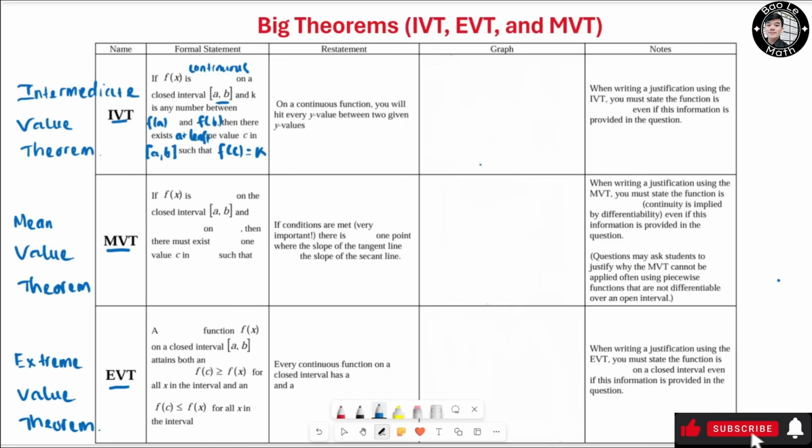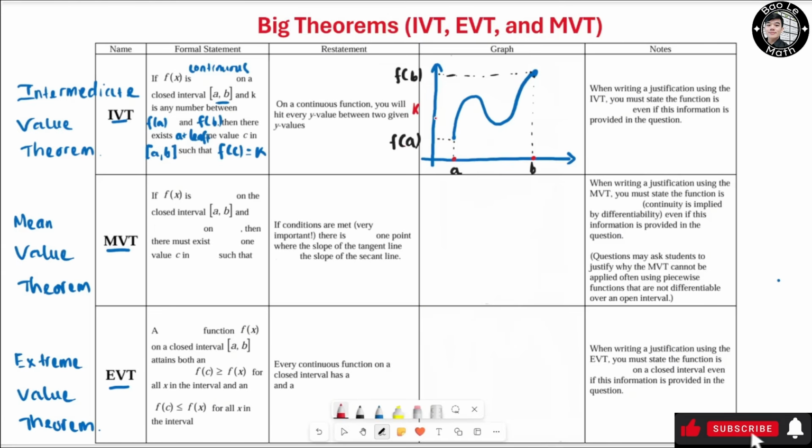So let's get the figure. Here's the graph of f(s), and this function is continuous on the closed interval a, b right here. So you have f of a and f of b right here. Now if a value of k is between f of a and f of b, suppose k is right here.